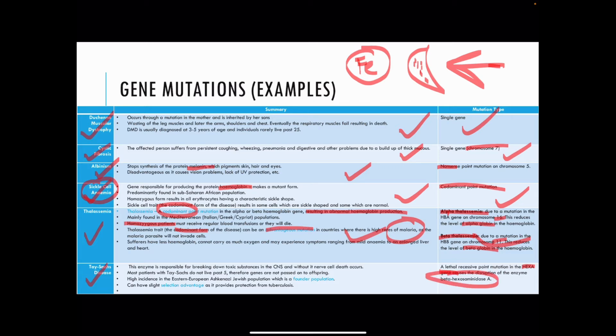But what this enzyme normally does is it breaks down toxic substances in the central nervous system. And so without the breakdown of these substances, nerve cells die. Being a lethal recessive disorder, most patients with Tay-Sachs don't live past the age of 5, and so therefore they're not going to pass those genes onto offspring.